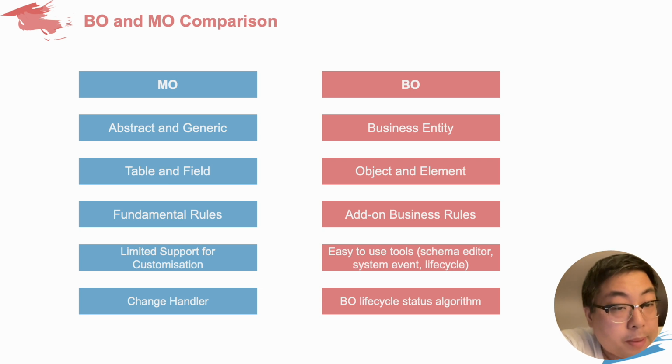The last bit is about the lifecycle. Maintenance object has change handler, and for business object, you can configure a lifecycle with algorithms at different system events, so you can understand what is happening very easily from one place.